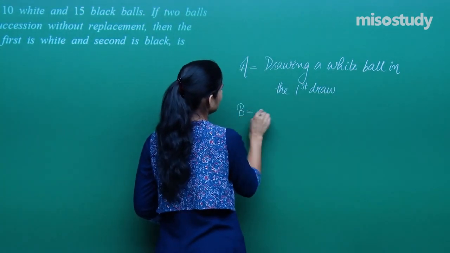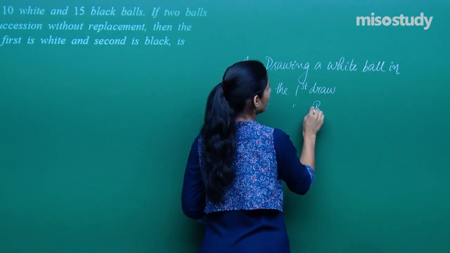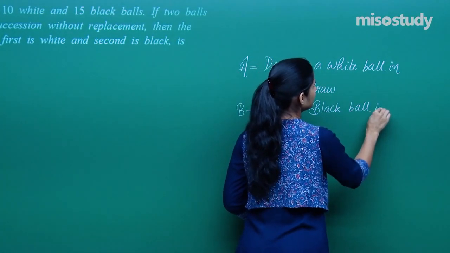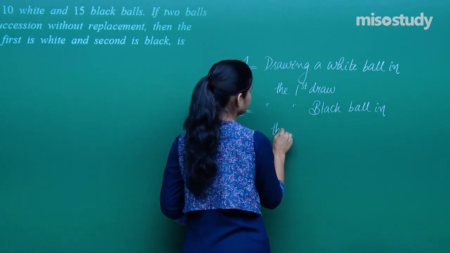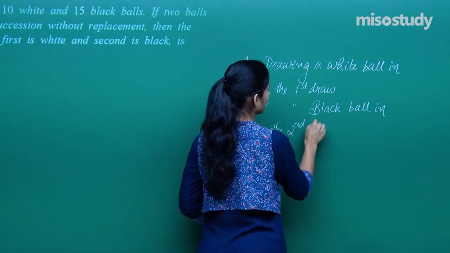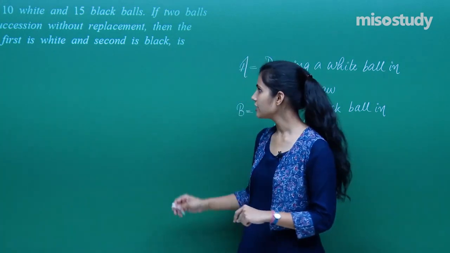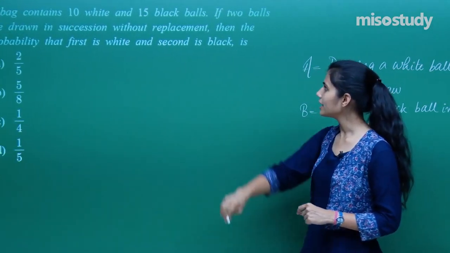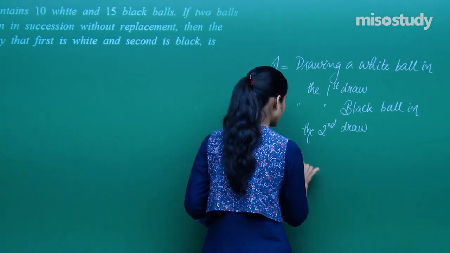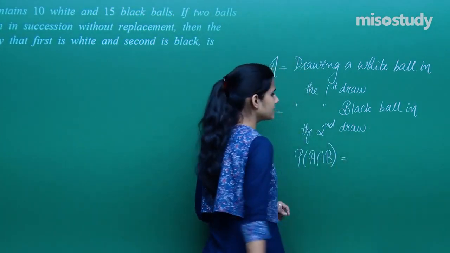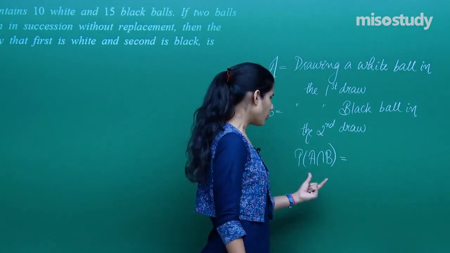And B is drawing a black ball in the second draw. You want to find out, in succession, the probability that the first ball is white and the second is black. You need to find the probability of A intersection B, right?